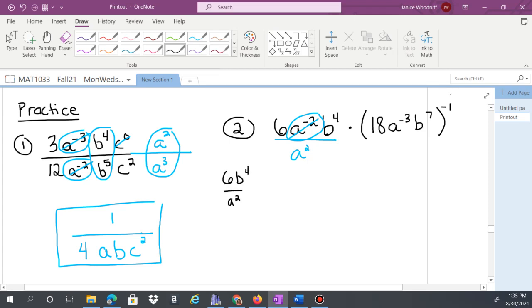And then let's work on this. This is going to be 18 to the negative 1. That's going to be a to the negative 3 times negative 1, so it's going to be a positive 3. And then that's 7 times negative 1, so negative 7. So then this, the 18 and the b to the negative 7 will go down.